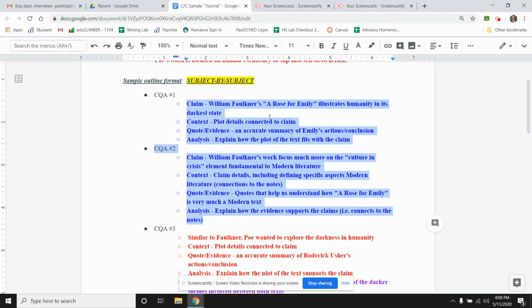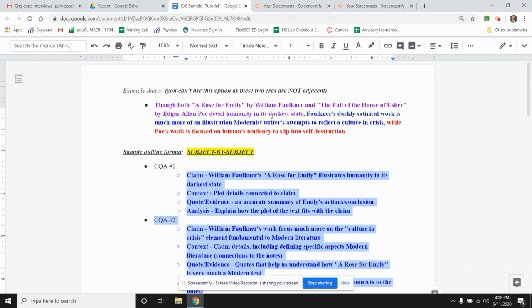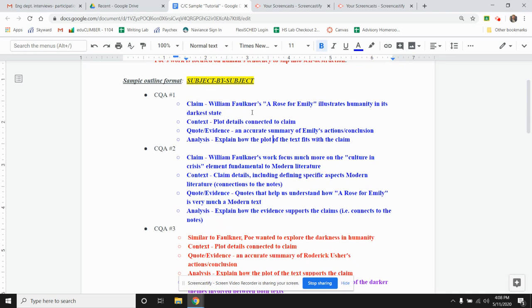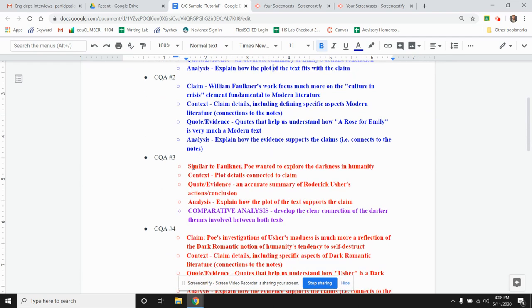What differs is that we're adding a second text to the mix. And in subject by subject writing, when you switch to the second text, you continue onward with a context, quote, analysis style of literary analysis writing.